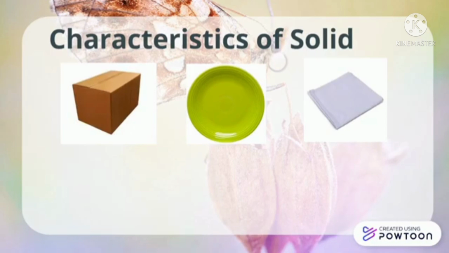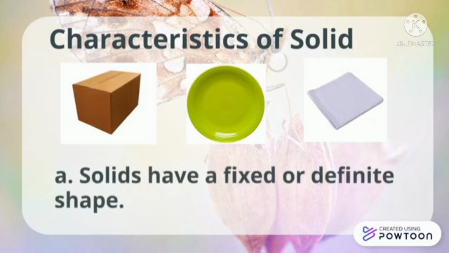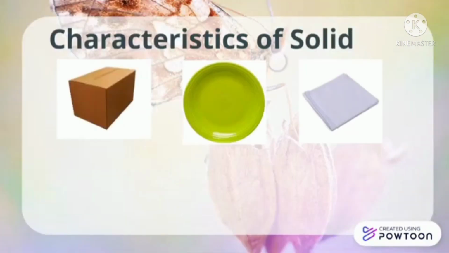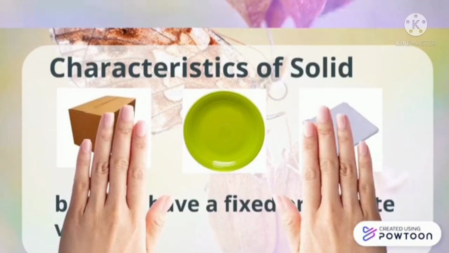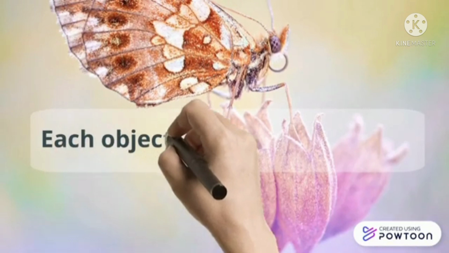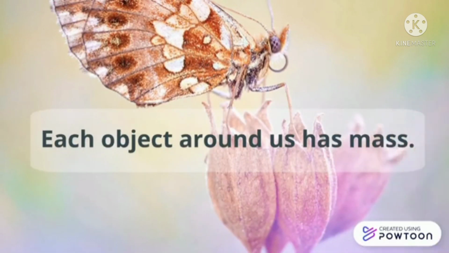They maintain their shapes. Solids have a fixed or definite shape. Also, solids have a fixed or definite volume since solids do not change their size when transferred to a smaller or bigger space. Each object around us has mass.